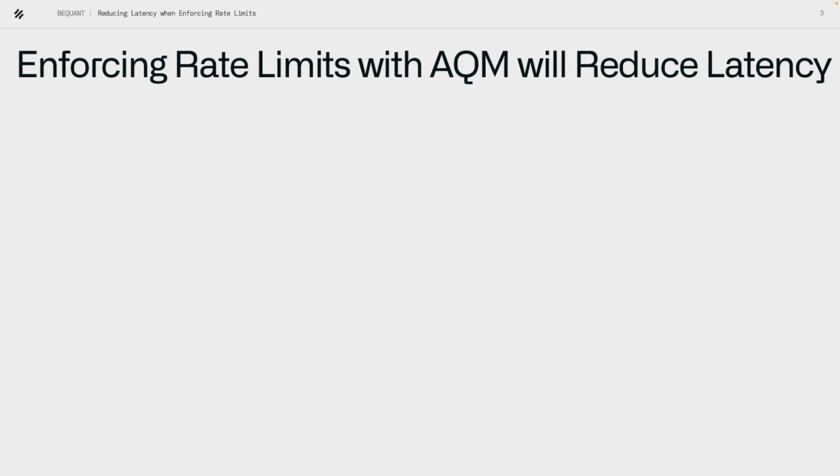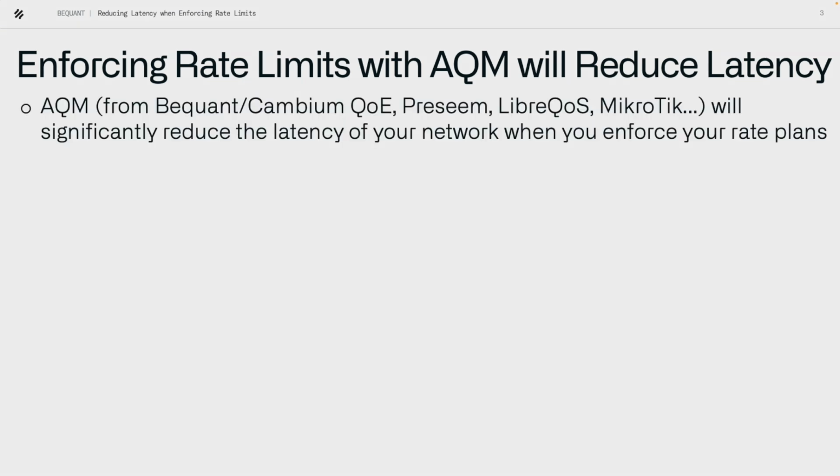First, there's a latency that your users may suffer when you enforce their rate limits. If you use simple queues to enforce those rate limits, their rate plans, they will experience significant excess latency when they reach those limits.